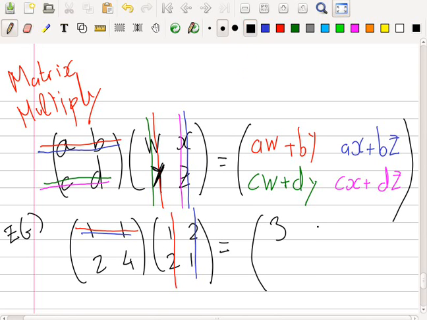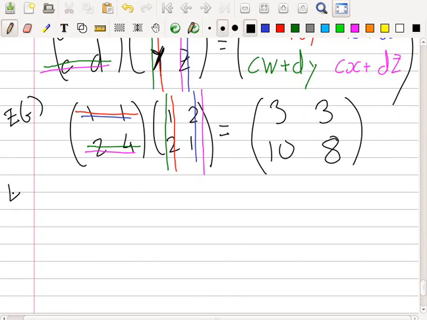Add them together, 3. Now I take these two and multiply them by these two. 2 times 1, 2. 4 times 2, 8. Add them together, 10. Last one now, I take these two and multiply them by these two. 2 times 2, 4. 4 times 1, 4. Add them together, 8.